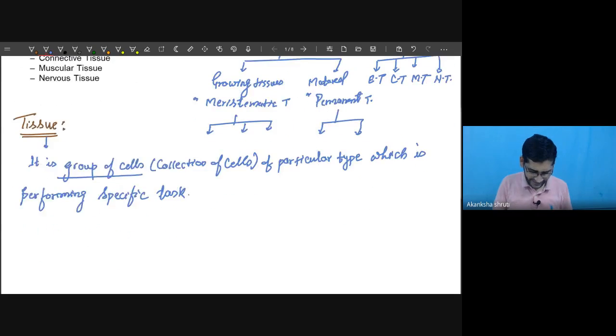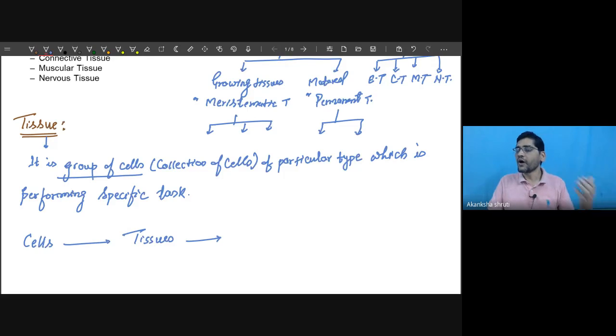Students, very easy. If we have these cells, they combine to form tissues. It's so simple. Later on, these tissues combine to form the organs. Like what are the organs in us? Like our organ and organ system, like liver, one of the organs. The entire digestive system, through which we are eating the food and excreting.